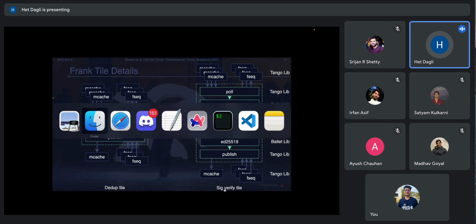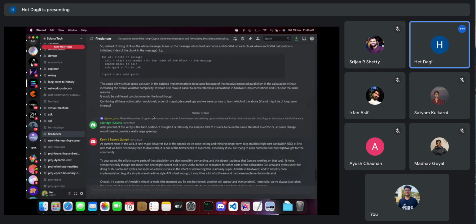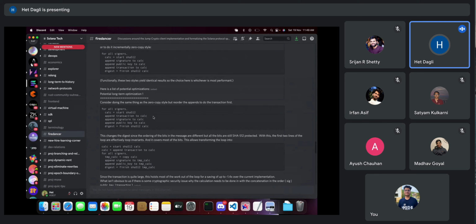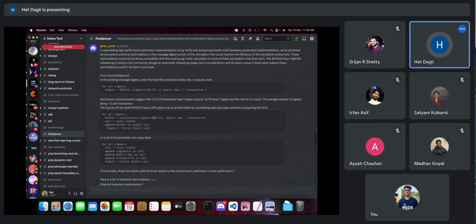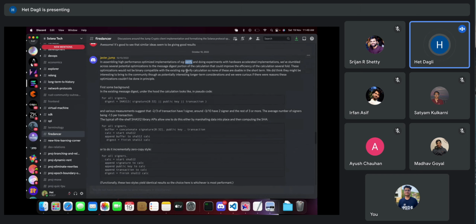One was about optimizing the SHA-512 calculation. It is in the sig verify part, because that is one of the core of any kind of validator. You have to verify a large amount of signatures, not only the transaction signatures but also the voting signatures.